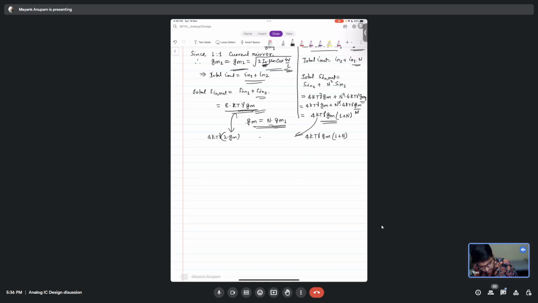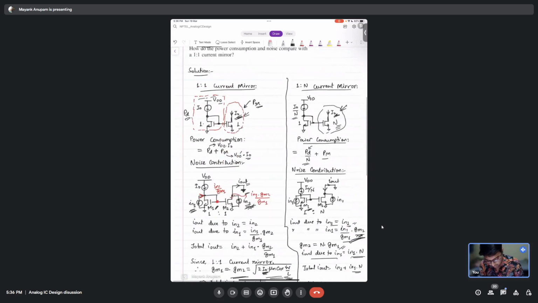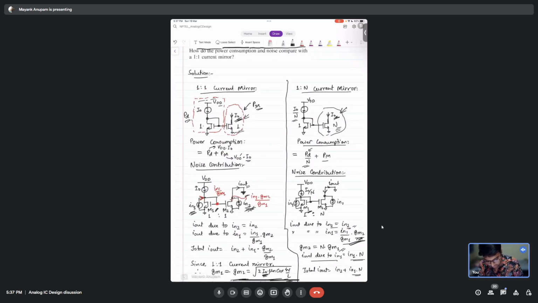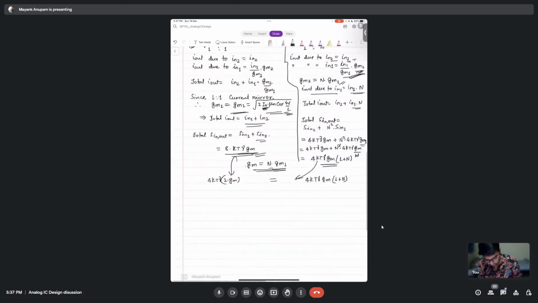So you can see that for n equal to 1, both of these are actually equal. Which should also make sense, because n equal to 1 is simply 1:1 current mirroring, so both of these noise currents should be the same.